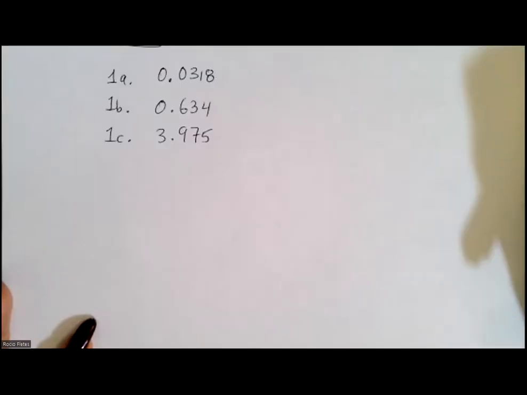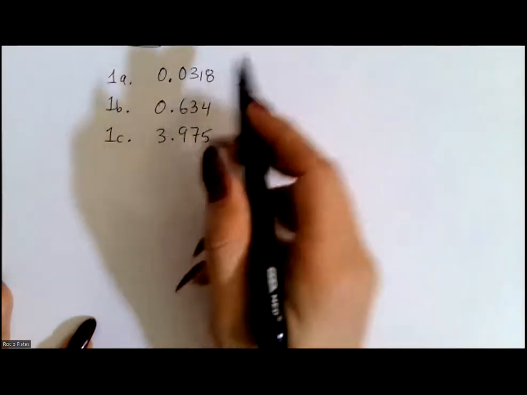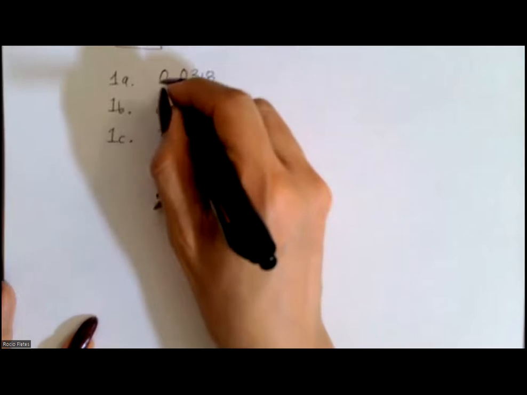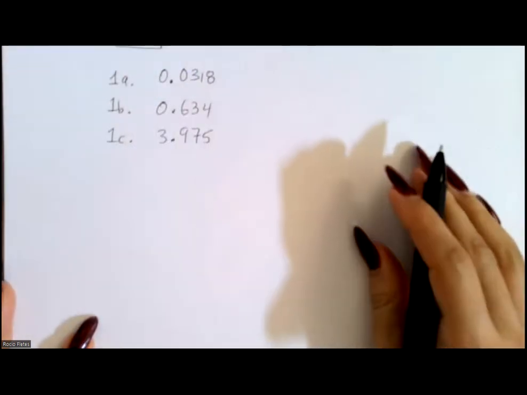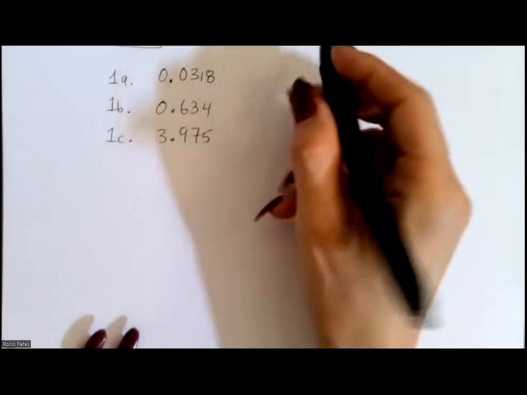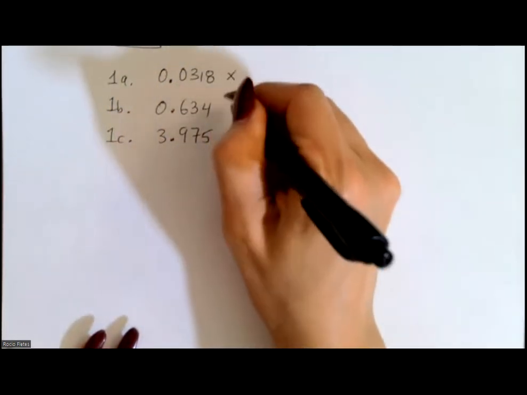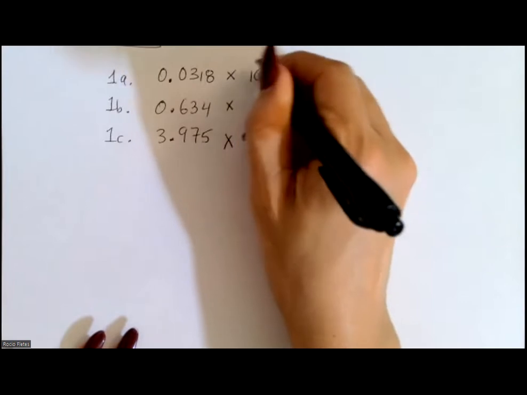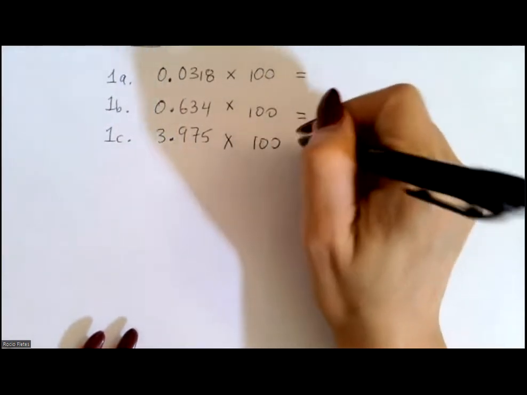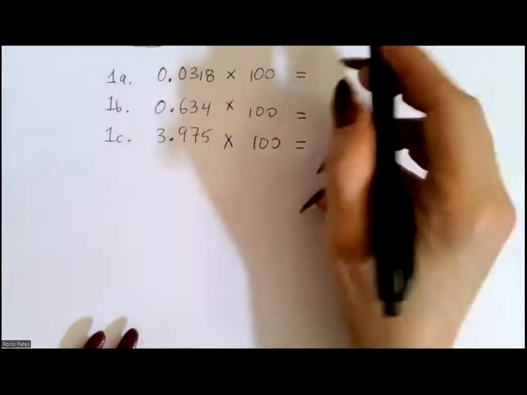What we're trying to do is remove the decimal point and replace it with the percent symbol. And to do that, we just multiply by 100. So we're going to multiply each one by 100, and it's going to move the decimal point 2 places to the right.